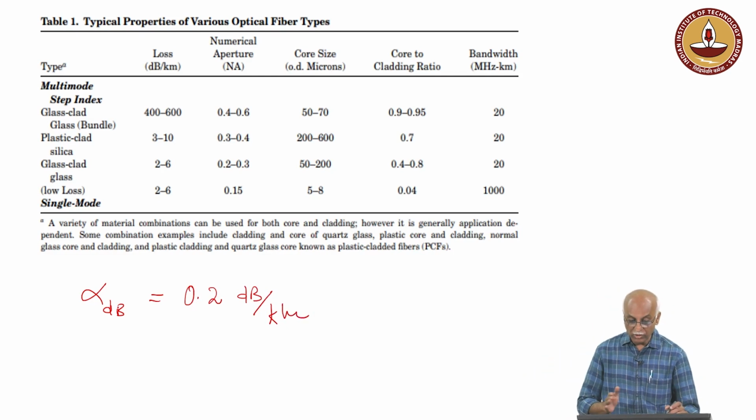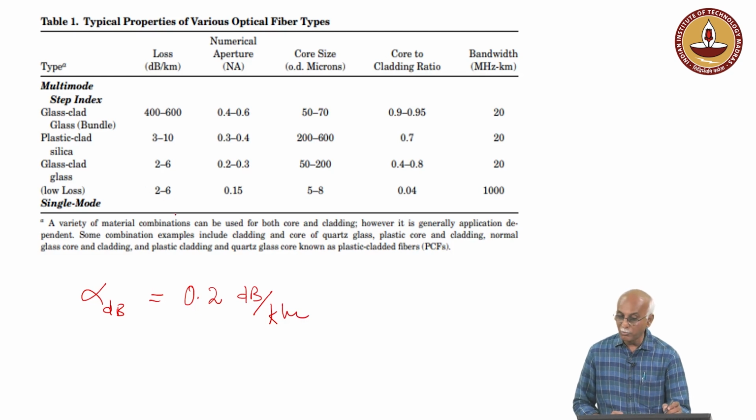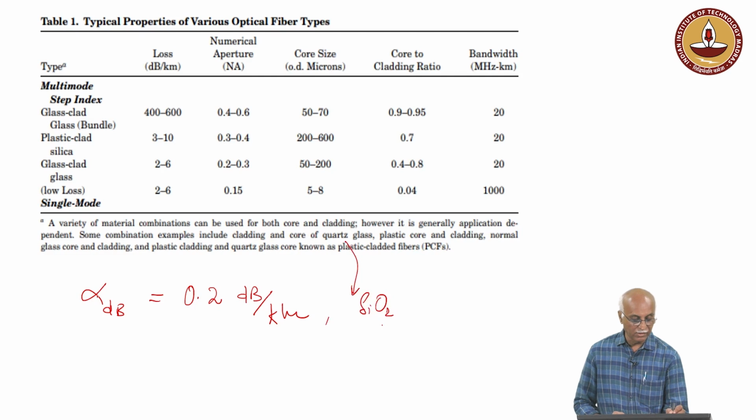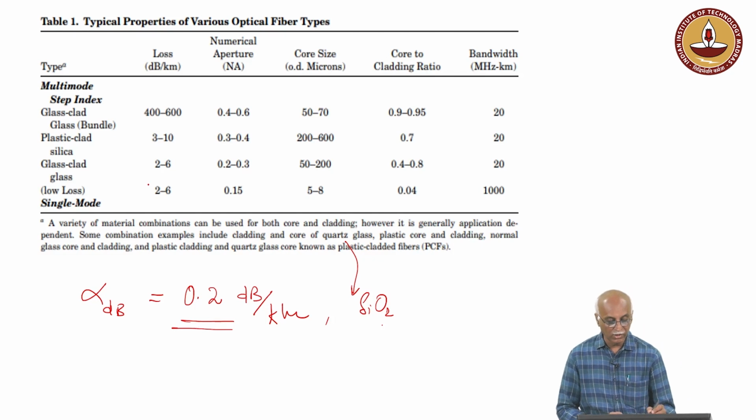When I use 1.5 micrometer wavelength light passing through quartz glass or SiO2, I will observe very small loss as compared to the general losses. This is just to give you an idea, you do not have to remember it, but get an idea that multimode and single mode fiber losses will be less.